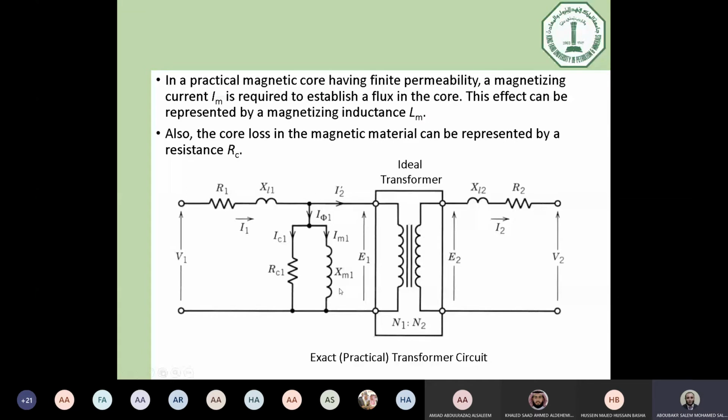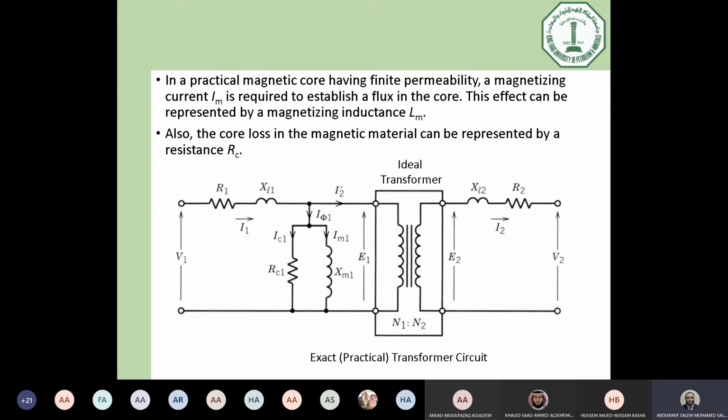And we have the secondary side winding values, which are R2 and XL2. In between here, this is considered as the isolation, which is represented by the ideal transformer, and the ratio of the transformer is N1 over N2.